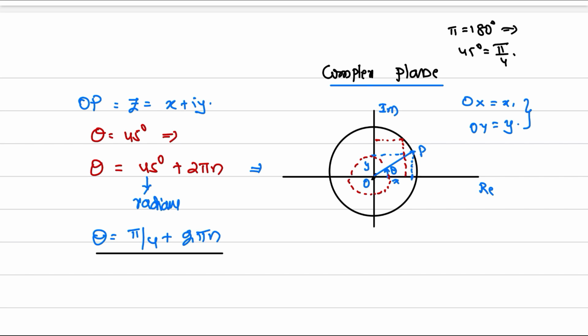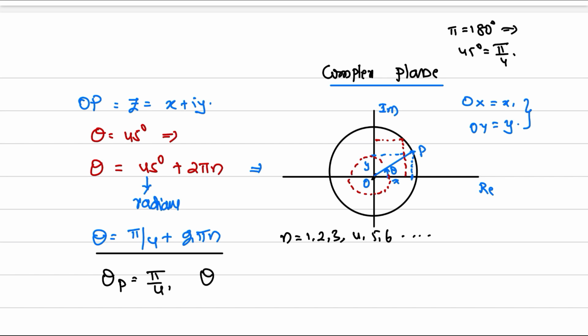For n equal to 1, 2, third circle, fourth circle, fifth circle, the more rotations you make in the circle, the more values of theta you will get. First theta, the principal value, will be pi by 4.